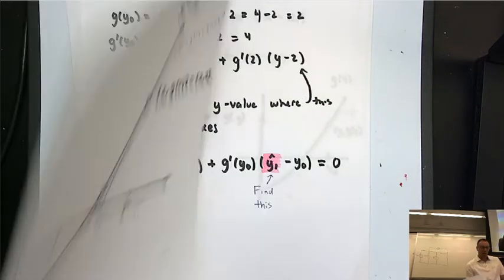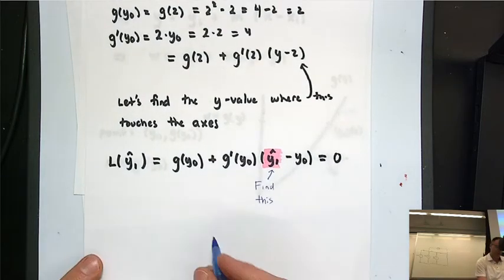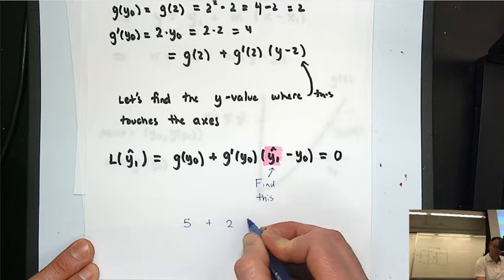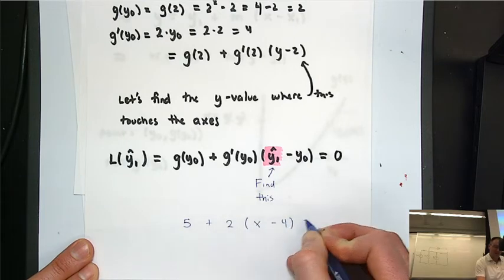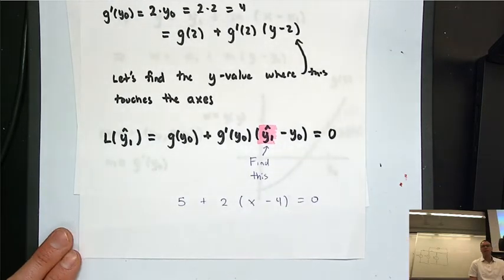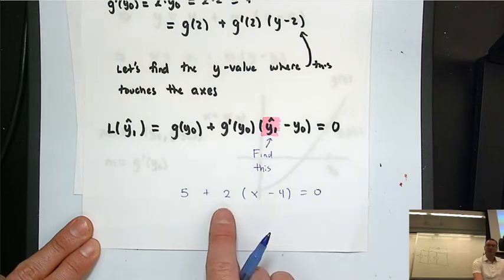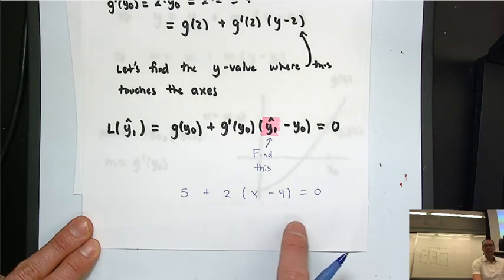Okay, so this is an algebra problem. I mean, maybe we'll show you how easy this problem is. 5 plus 2 outside of x minus 4 equals 0. How do I solve for x? I bring the 5 over there. I divide by 2. I add 4.